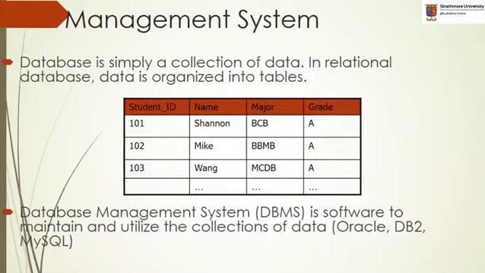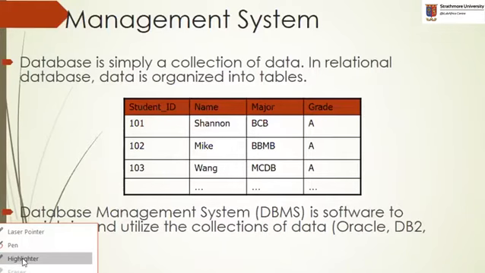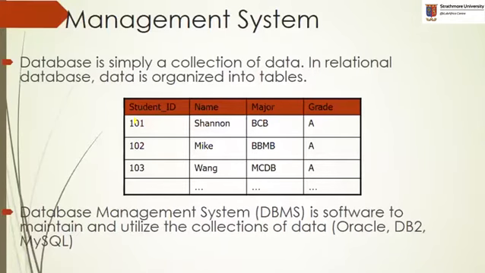Something to note is that a database has what we call rows, and it also has what we call columns. Like you can see, this is a row, and the row is also called a record. That row or record mainly consists of data that is related. Then we have columns.